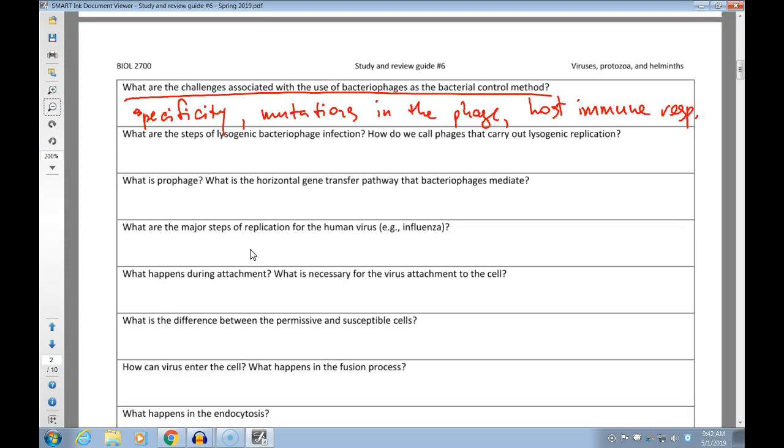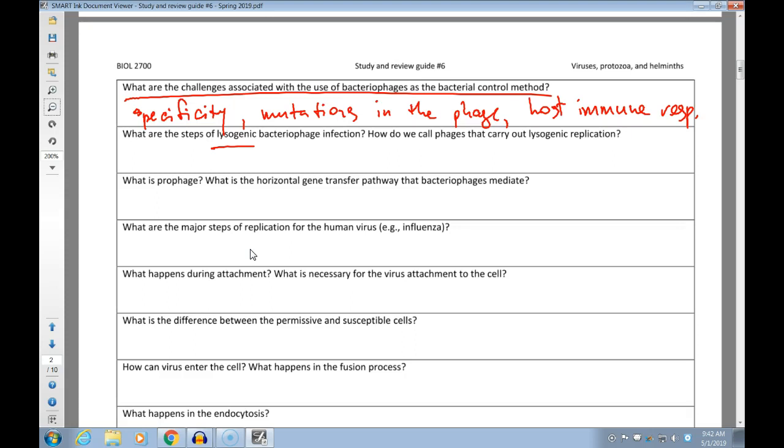In lysogenic infection, viral nucleic acid, when it enters the cell, incorporates into the bacterial chromosome, and the cell does not die. Okay? That makes sense? I mean, it can die later, but it doesn't die right away. This is why we call it lysogenic.